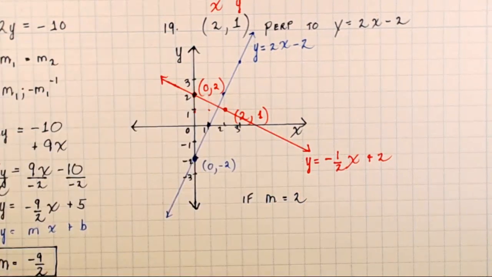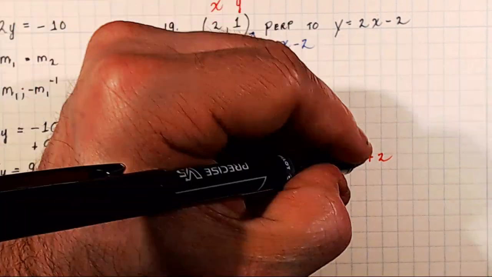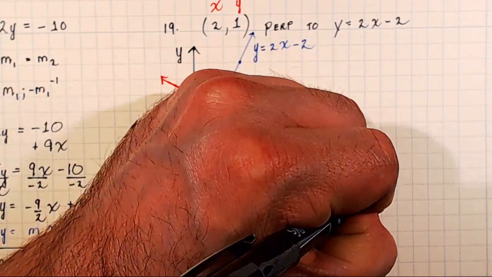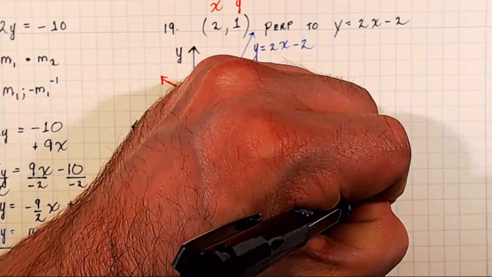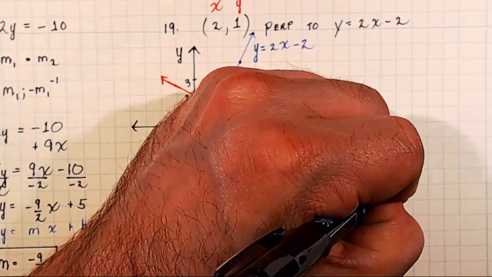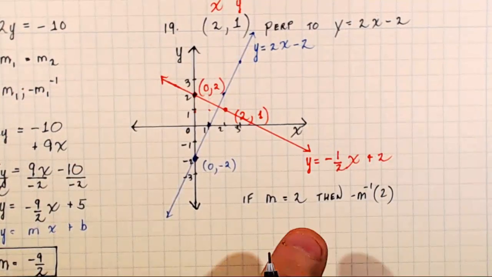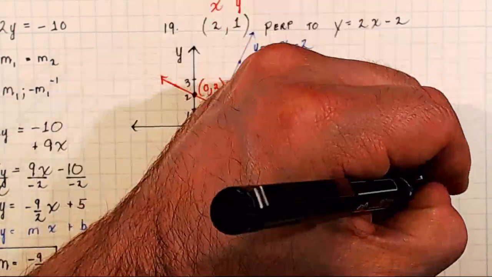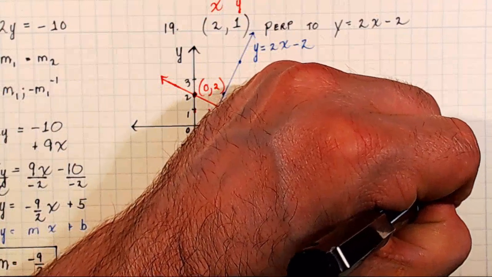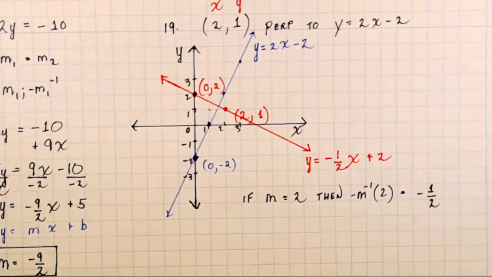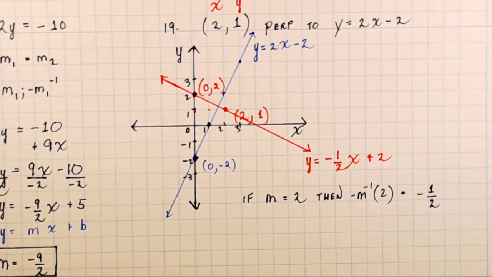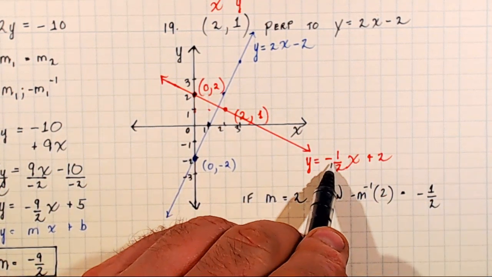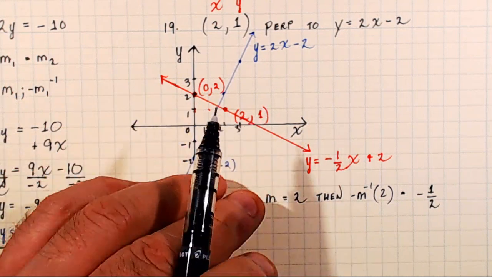If the slope of the first equation is 2, then the negative reciprocal slope is equal to negative 1/2. All right, so we just algebraically proved that the slope we found visually was correct.